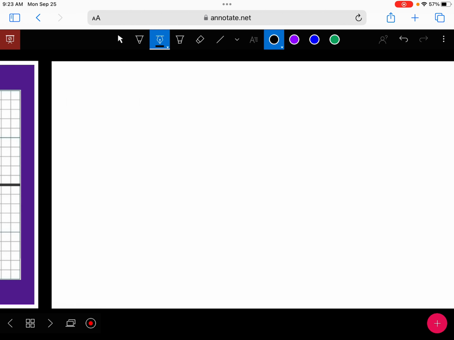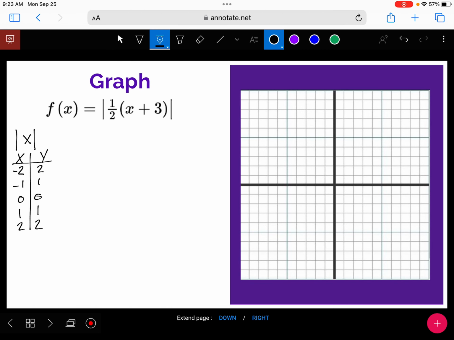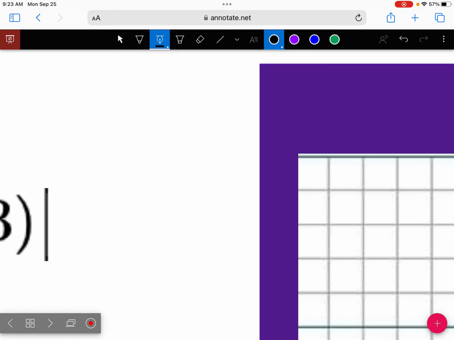So we're going to look at the absolute value. Since it's an absolute value, I know it's going to use my absolute value parent table, which means we do this. Then we're going to do our transformations just like we've done. So we're going to find our A. What's our A value here? 1. Remember, it's outside the function.